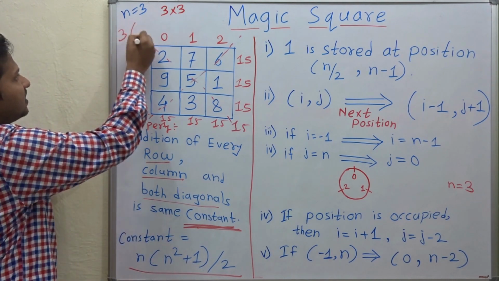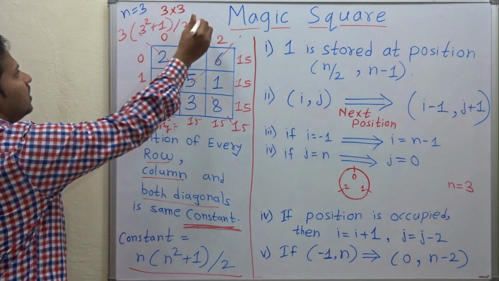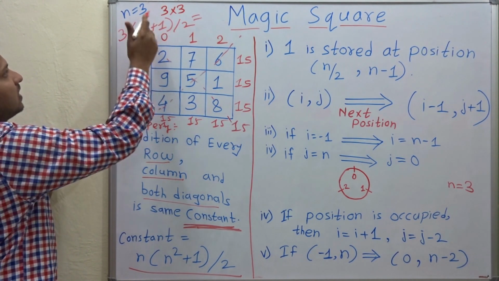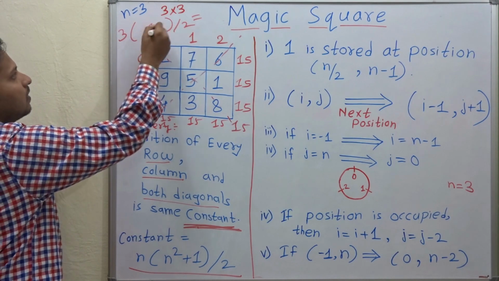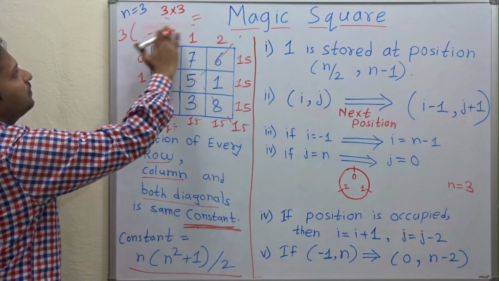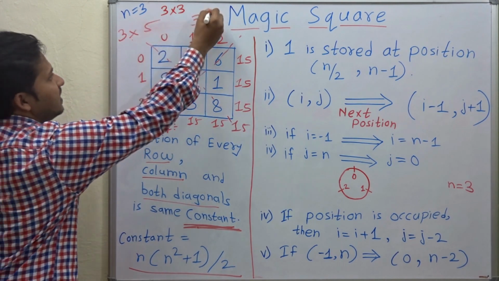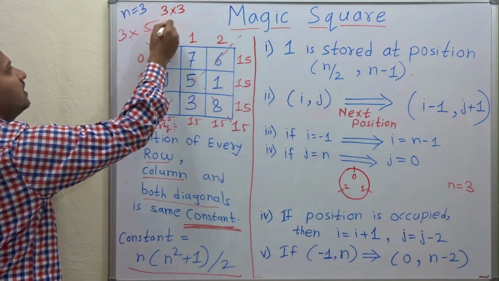Let's do that. 3 into (3 square plus 1) by 2 means, see, 3 square is 9. So 9 plus 1 is 10. 10 by 2 is 5. So 3 into 5. So that is 15.